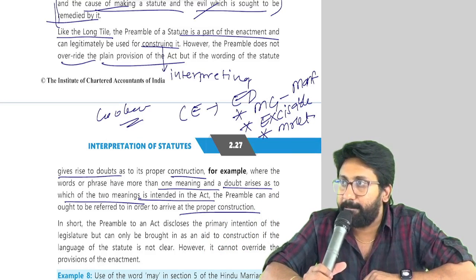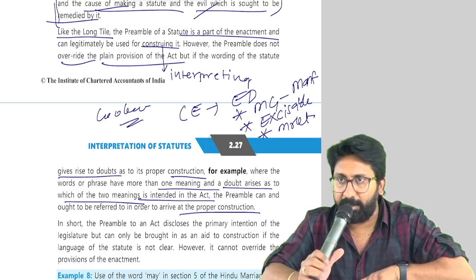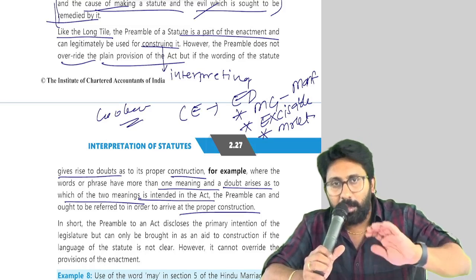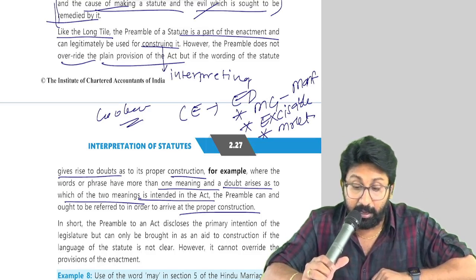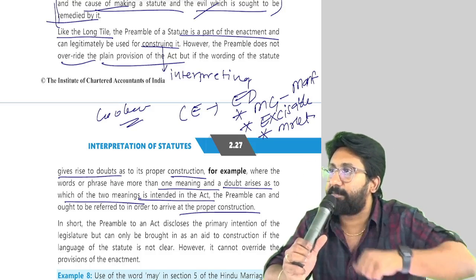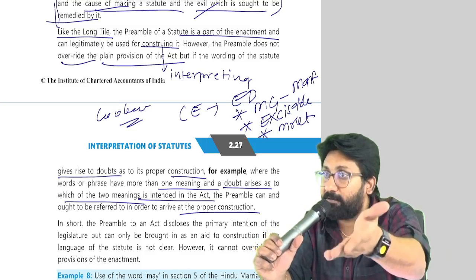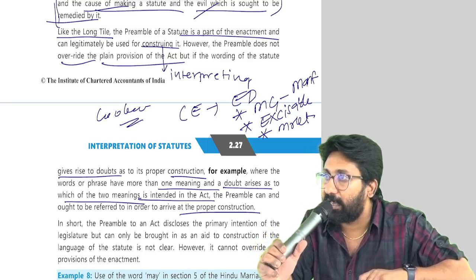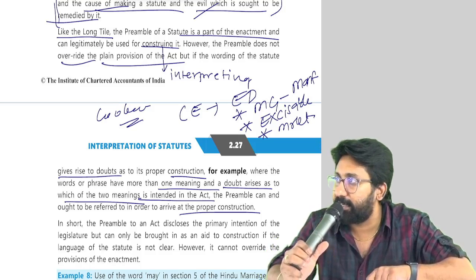You manufactured, but if it does not have any marketability, no excise duty. You have manufactured something, and it has marketability, but it is not excisable. Sir, what is excisability? Certain goods are outside the purview of excise duty, like agricultural produce. On agricultural commodities, there is no excise duty.